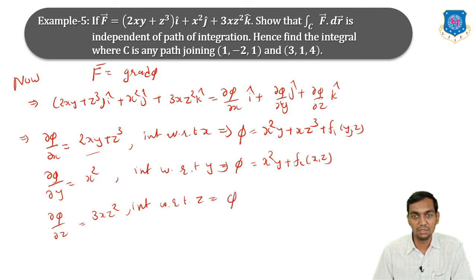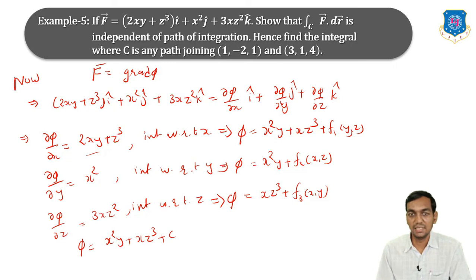And here you are integrating with respect to z, so you will have xz cube plus some function of x and y. So using these three, we are going to combine the function, and that will give you x square y plus xz cube plus c. Okay. Now basically here we are going to find the definite integral. So it is not necessary to write c, but I am going to write it here.